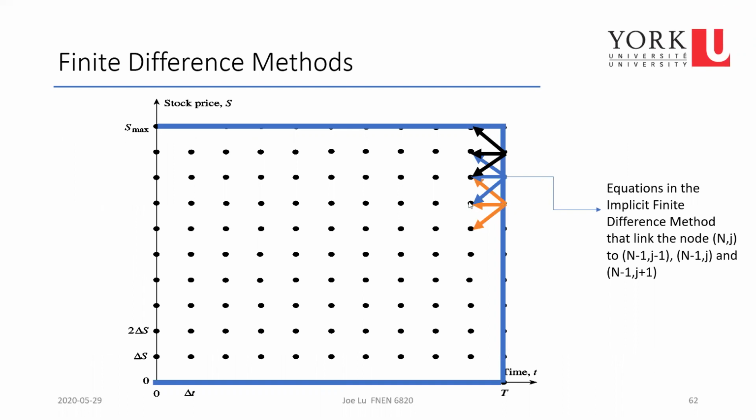Say this is i j, this will be i j plus 1, this will be i j minus 1, and this will be i plus 1 j. The value at those 3 points is linked with the value here. This is true for every single number here. This is one set of equations: the black one is that side, the blue one is that side, and the orange one is another set of equations.